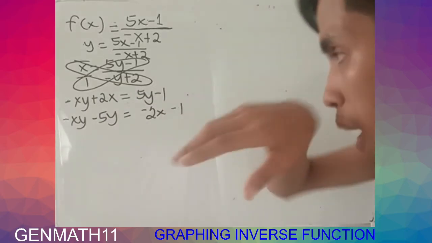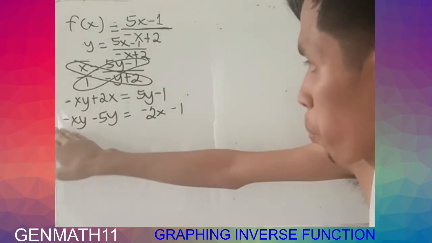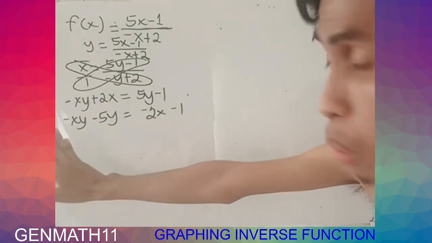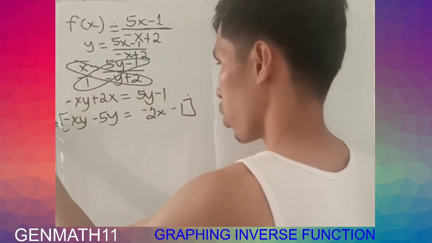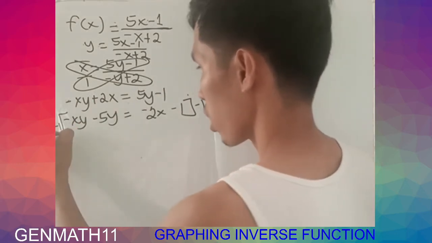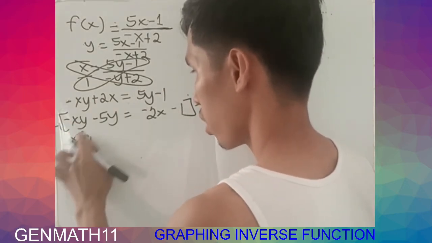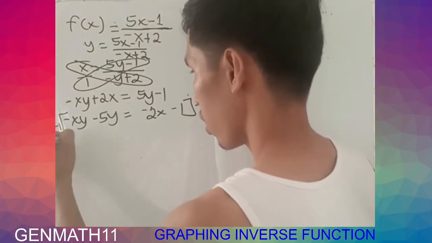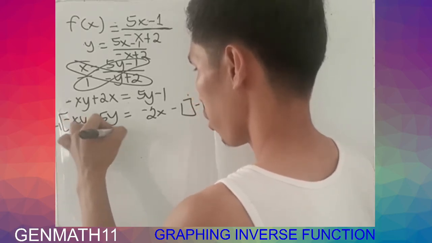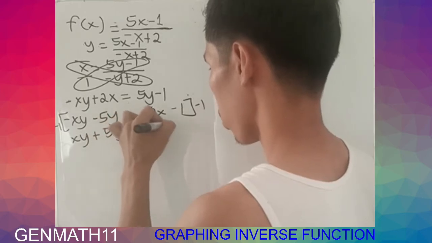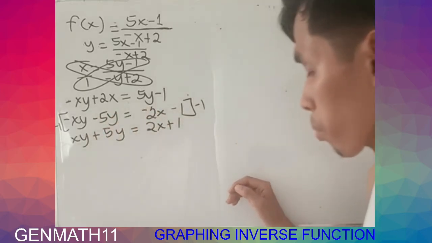Diba, kung mapapansin nyo, meron tayong negative sa yung may y natin. So, gawin natin, multiply both sides natin by negative 1. So, magiging xy plus 5y is equals to 2x plus 1. Okay?